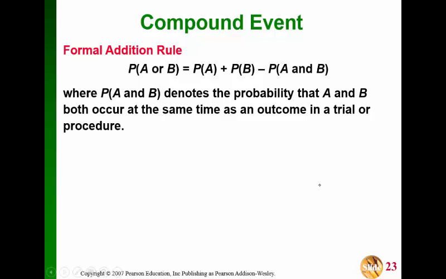The probability that A or B occurs is going to be, well, we're going to count the number of ways that A occurs and find the probability of that. We're going to count the number of ways that B occurs and find the probability of that. Now, in finding the probability that A occurs and the probability that B occurs, there might be an overlap where A and B were both counted. And so here, we try to subtract out what we might have counted twice.